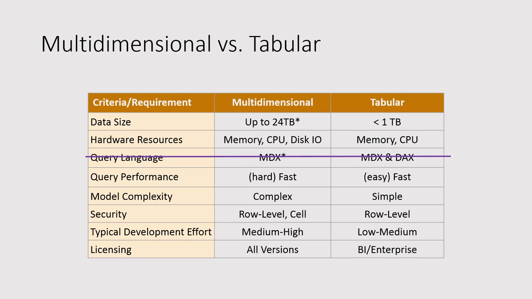Whereas with multidimensional, usually the development effort is medium to high, as developers need to understand things like attribute relationships, and they need a good grasp of MDX as the language, because you spend lots of time creating calculated measures and all sorts of good stuff.